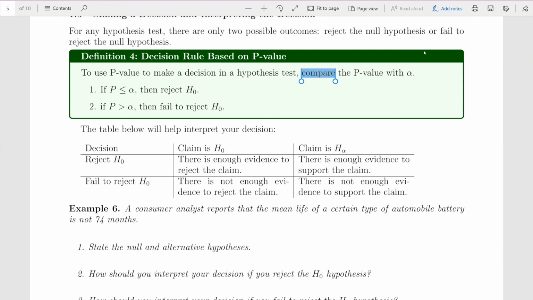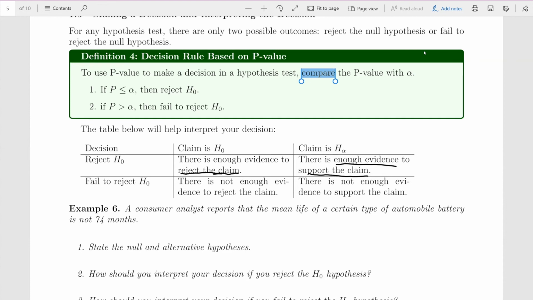So if the claim is in the null hypothesis and you reject the null hypothesis, that means you have enough evidence to reject the claim. If the claim is in the alternative hypothesis and you reject the null hypothesis, that means you have enough evidence to support the claim, right? Because you reject the null, that means you are supporting the alternative.